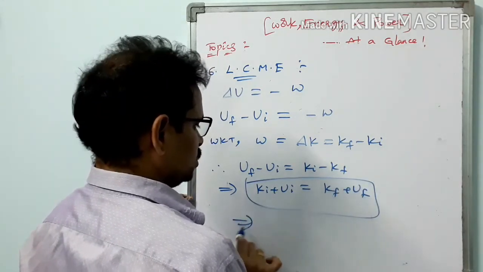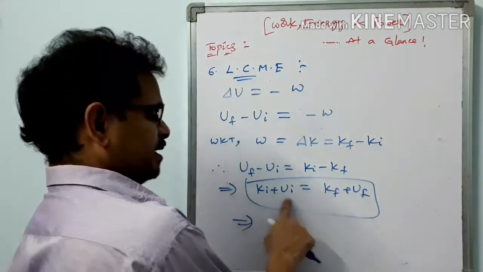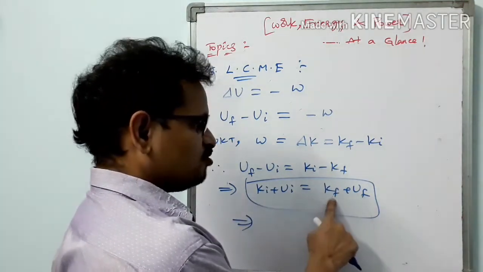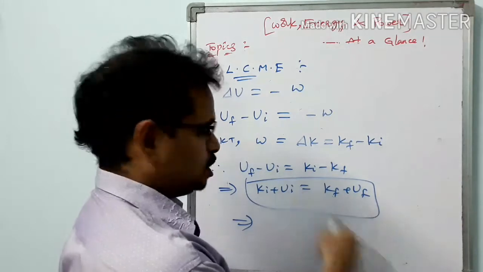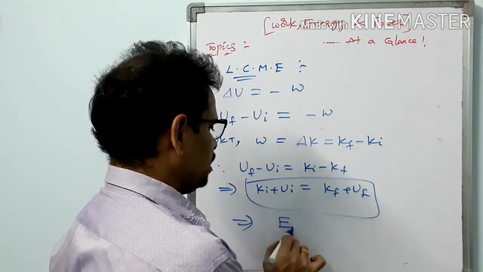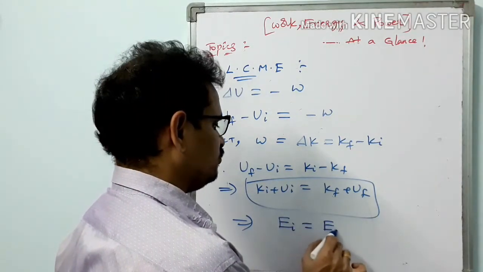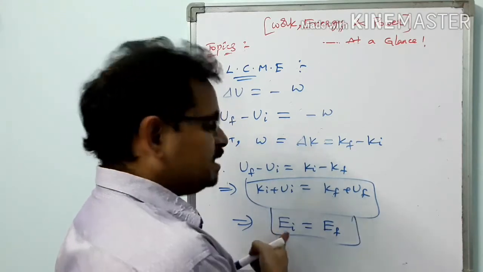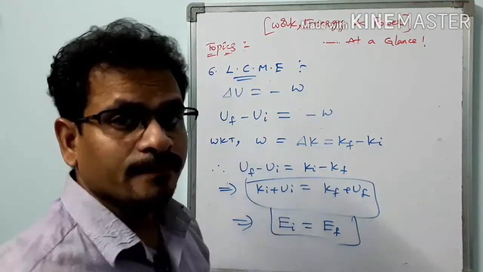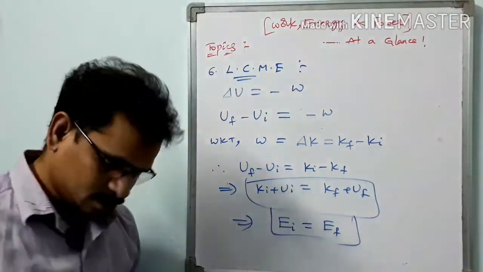So this implies initial kinetic energy plus initial potential energy equals final kinetic energy plus final potential energy. This implies Ei equals Ef. Initial mechanical energy equals final mechanical energy. Okay?